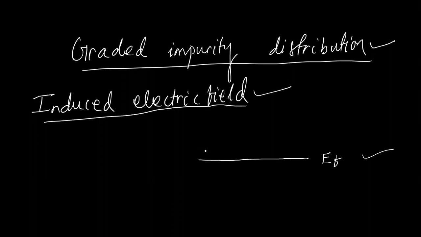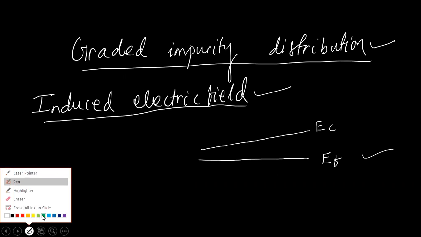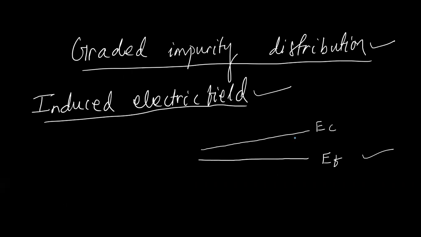So if I draw the conduction band this way, suppose this is my conduction band. Here you can clearly see the gap between the conduction band energy EC and the Fermi energy.